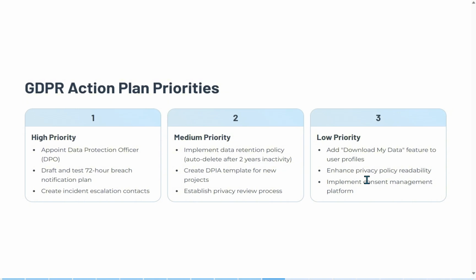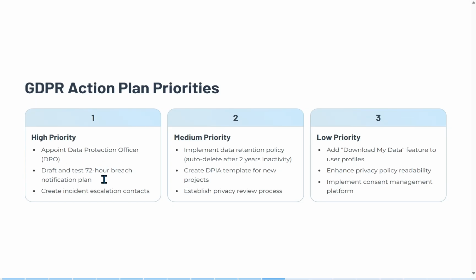So the action plan priority, we have the high priority, the medium priority, and the low priority. The high priority is to appoint a data protection officer.